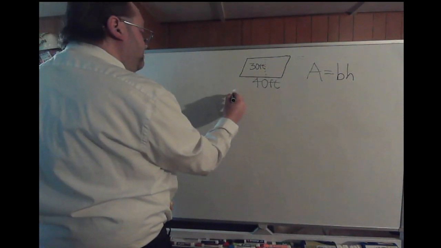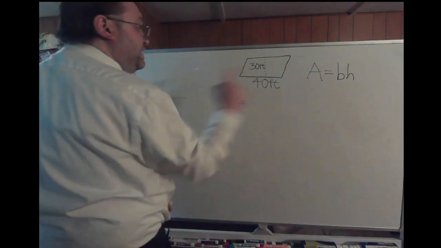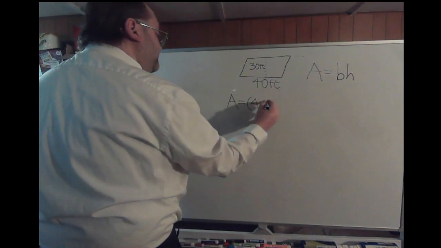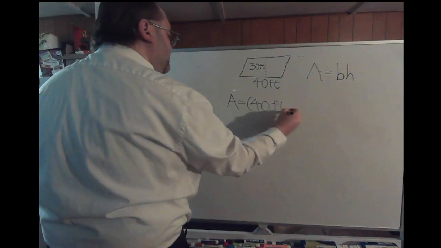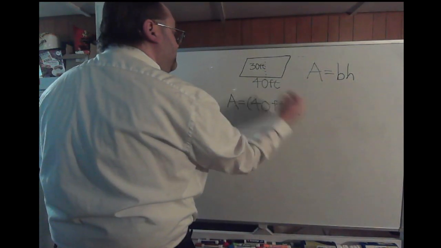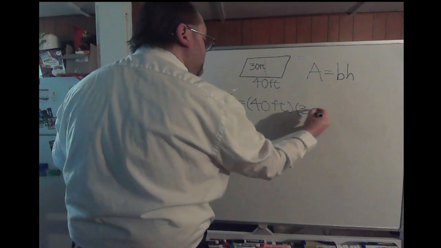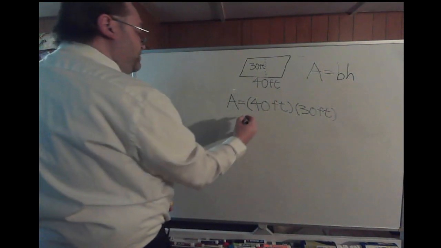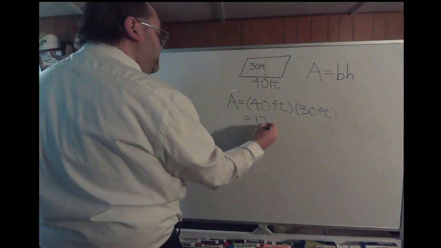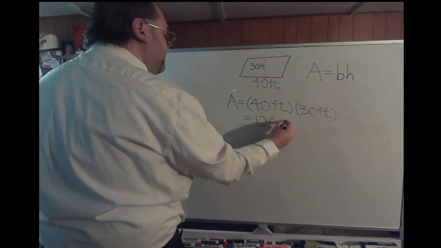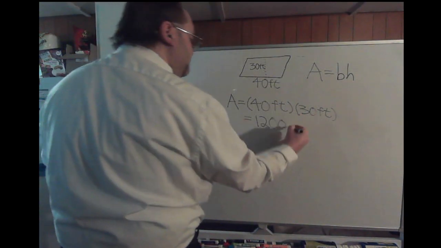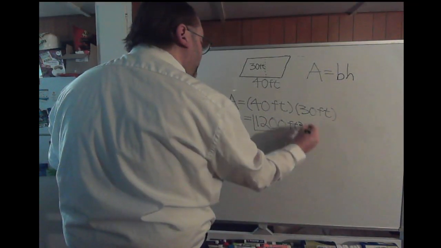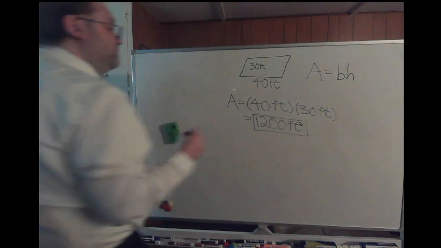Again, the area of a parallelogram is nothing more than the base times the height. The base in this case is 40 feet, and the height we determined was 30 feet. Well, 40 times 30, that's going to be 1,200, however you prefer to say it. Feet times feet is just feet squared. So the area of this parallelogram is 1,200 feet squared.